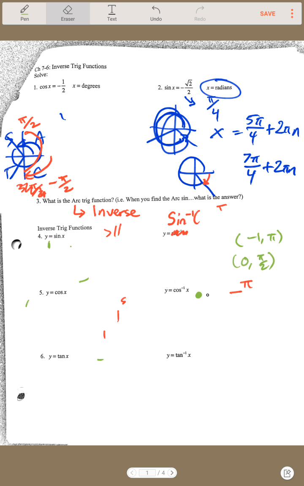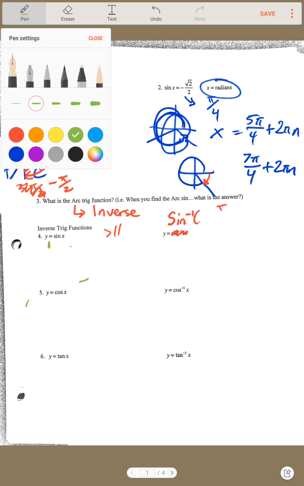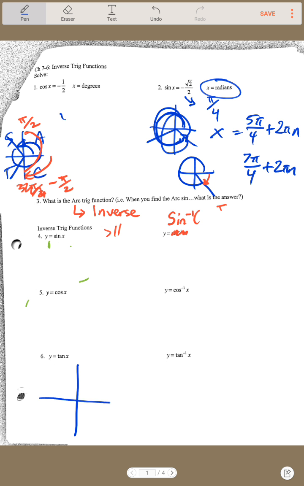Okay, so for the tangent graph, as you saw on your homework, the tangent graph will basically look like these, I like to call them shower curtains, like at a car wash, like this, with the asymptotes holding them in place there.